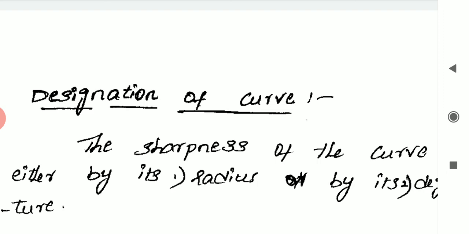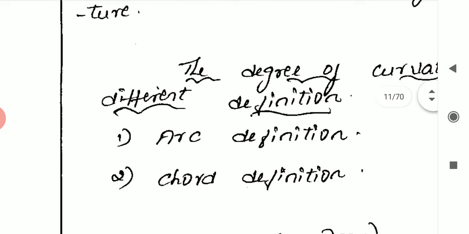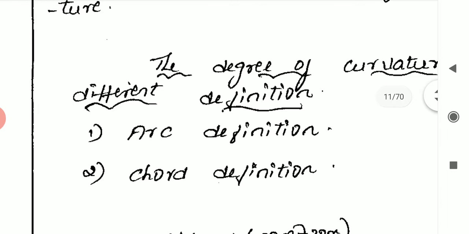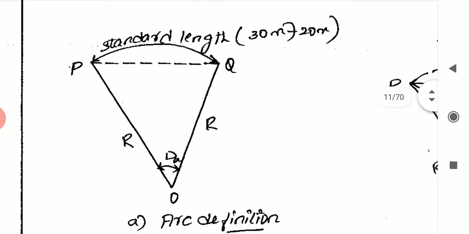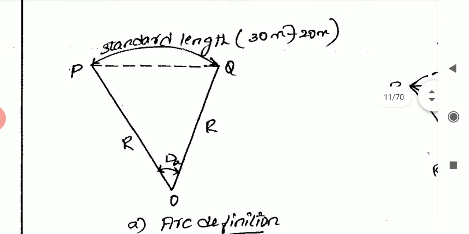Okay, designation of the curve has several different definitions. First one is arc definition, next one is chord definition. See here, this figure shows the arc definition.